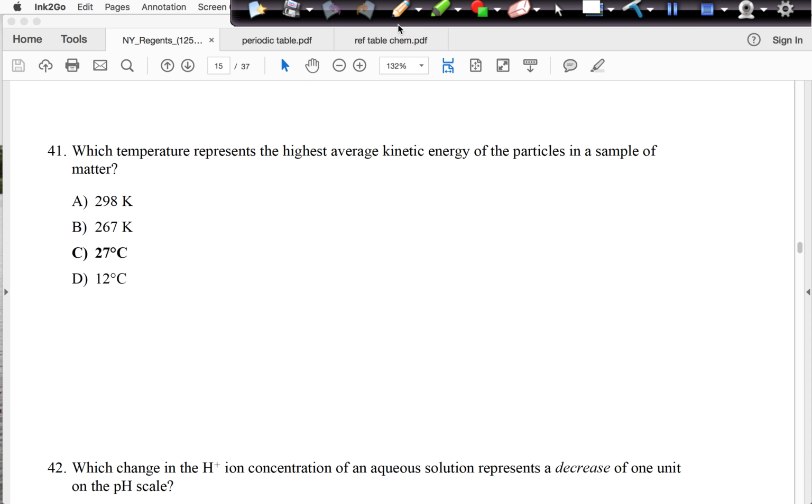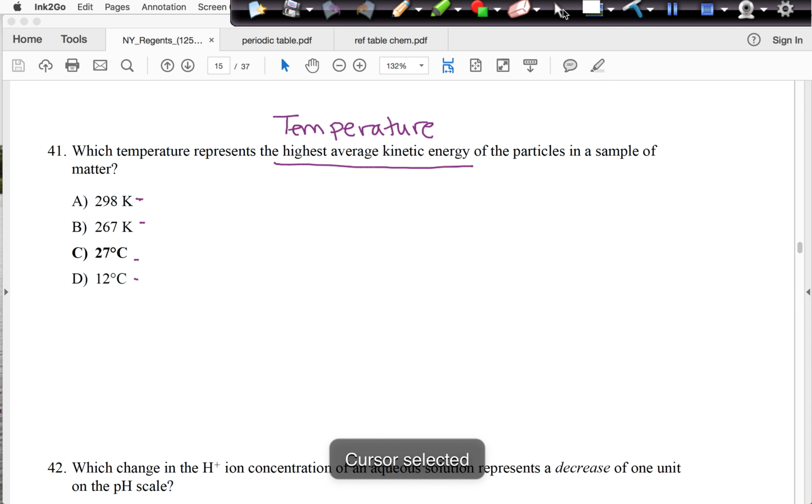For number 41, when we're talking about average kinetic energy, that is measured by temperature. But we need to have the values in the same temperature scale. You can't compare Celsius to Kelvin. We're going to need to convert somebody.